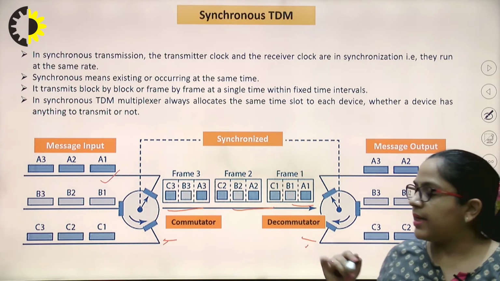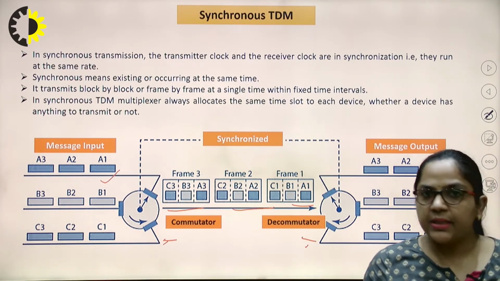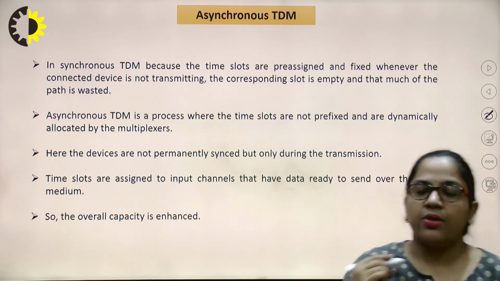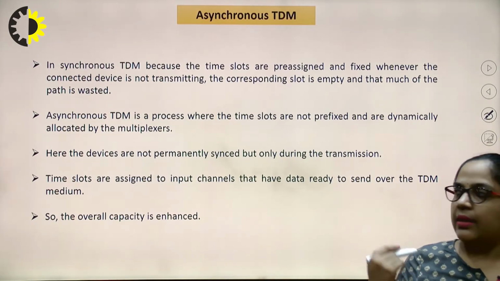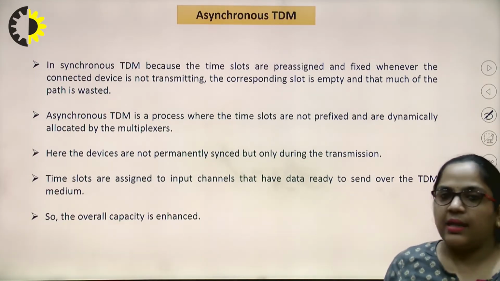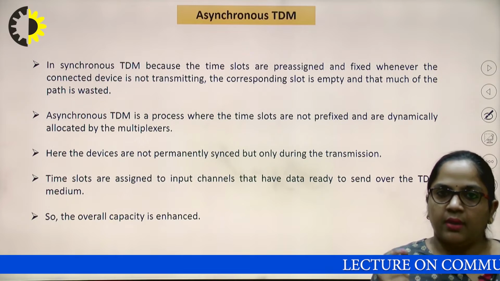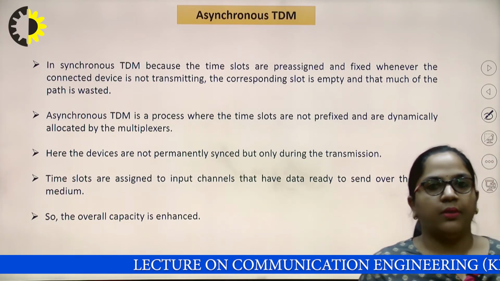This synchronous time division multiplexing is reliable and easy to work with, but there is a certain disadvantage. What is the disadvantage? As I have discussed in the last slide, whether the user has something to transmit or not, a time slot will be pre-assigned to that user.